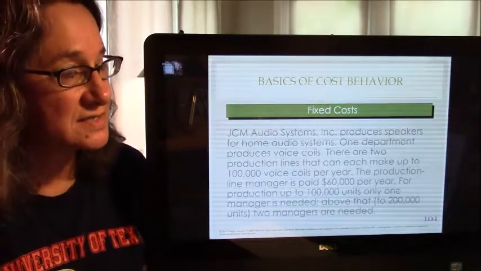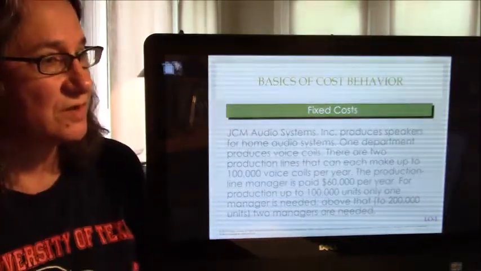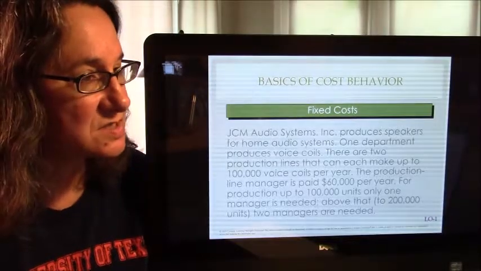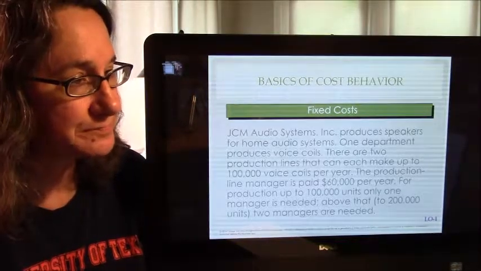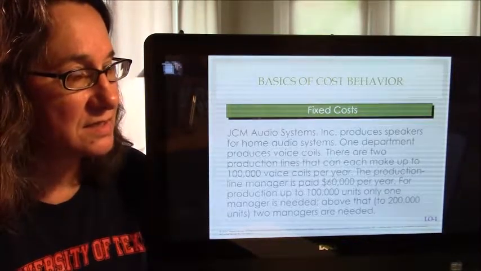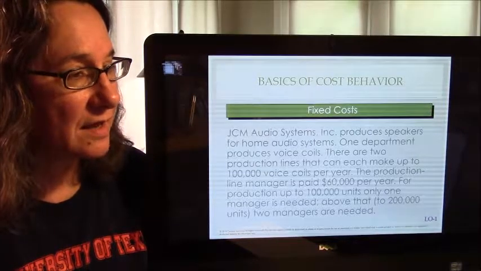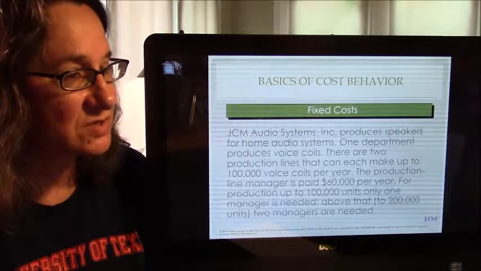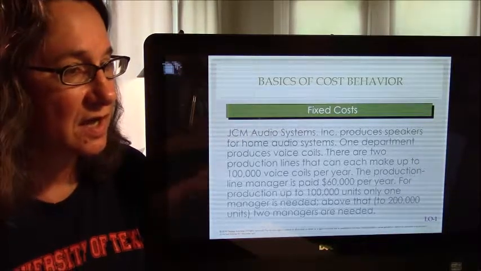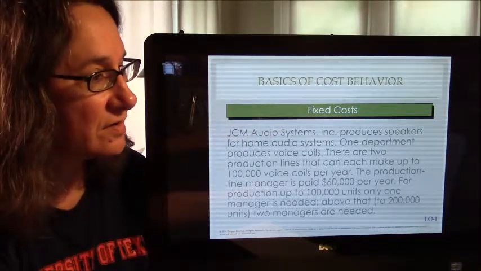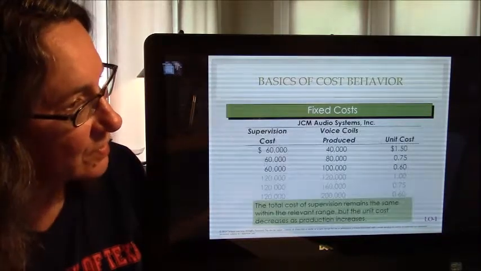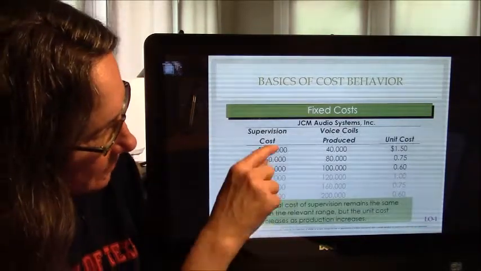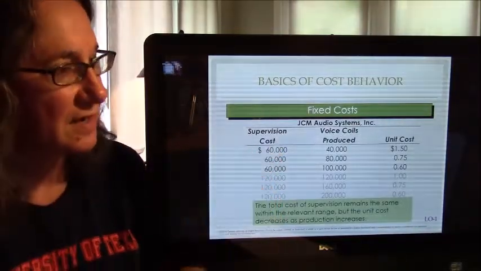And here's an example of fixed costs. You can imagine that this audio system produces speakers, and there's this part of a speaker called a voice coil, and the production manager gets $60,000 a year, and we produce them. So you can see, here's our relevant range, right?